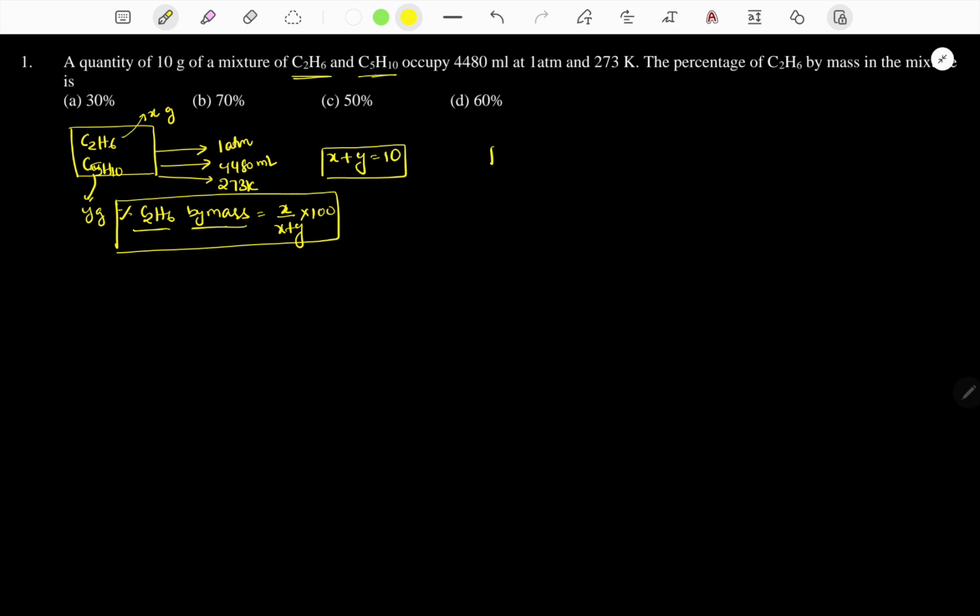And according to the PV is equal to nRT equation, PV is equal to number of moles of C2H6 plus number of moles of C5H10, total moles of gas, into R into T. What is the pressure value? 1 atm. What is the volume? 4480 by 1000, converted into liters, equal to number of moles of C2H6. So what weight did we assume? X grams.